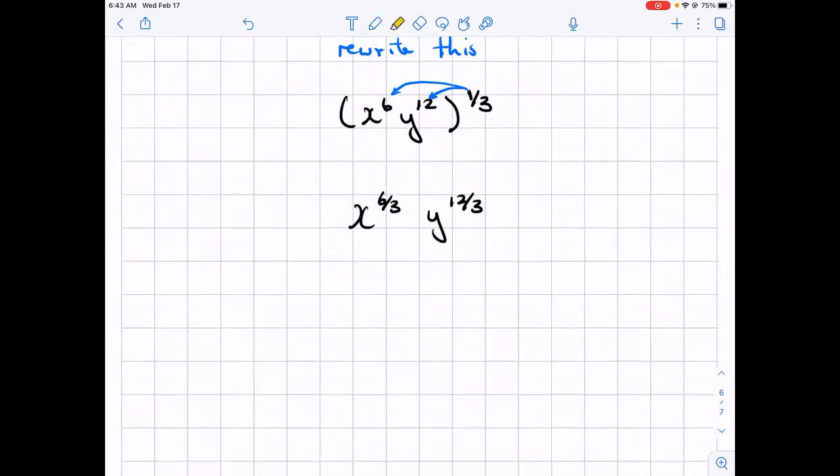And 6/3 is the same as 2, so this becomes x squared. And 12 divided by 3 is 4. So here we have x squared y to the 4th. That's our final answer.